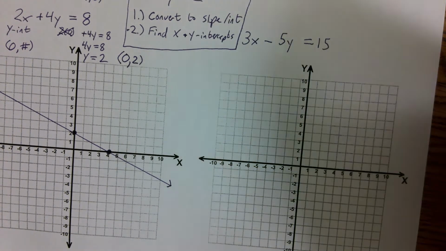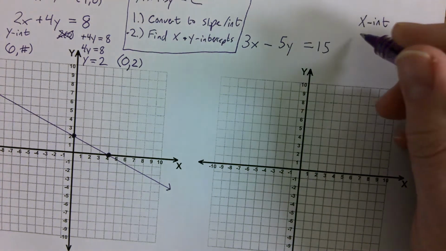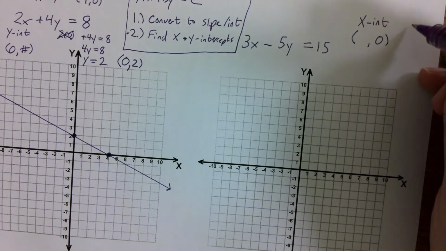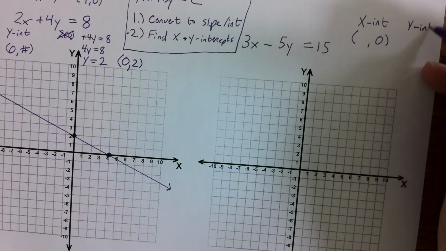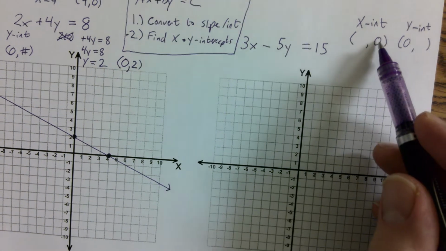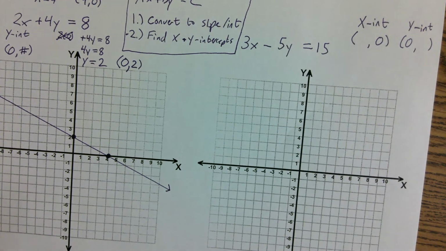Remember that the x-intercept is going to be something, comma, 0. And the y-intercept is going to be 0, comma, something. Well, since I know that the y value is going to be 0 here, I like to do what I call the cover-up method.